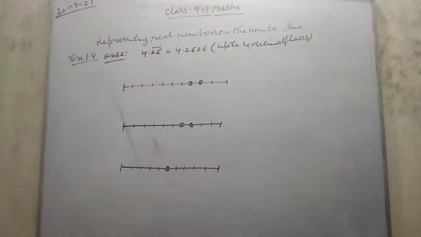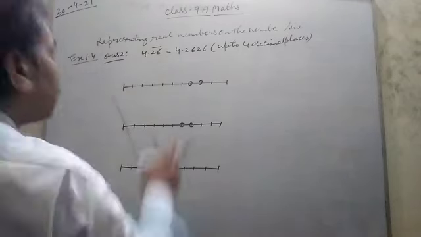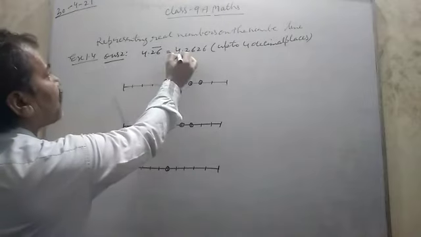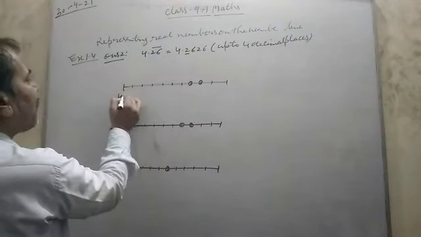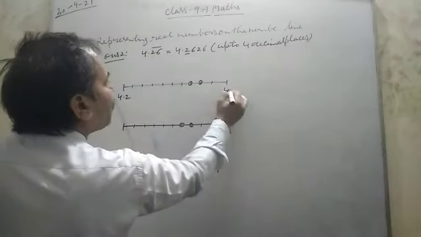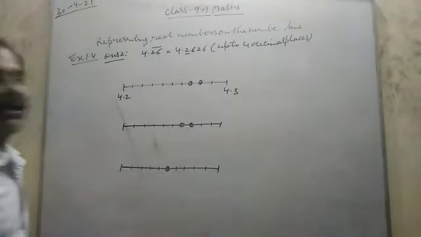Okay. So it is also like question number 1. So 4.2626. After the decimal you see 0.2. So this will lie between 4.2 and 4.3.